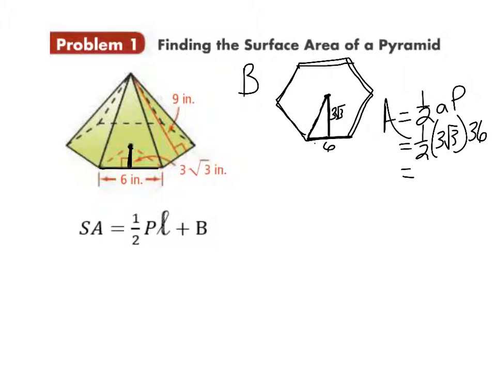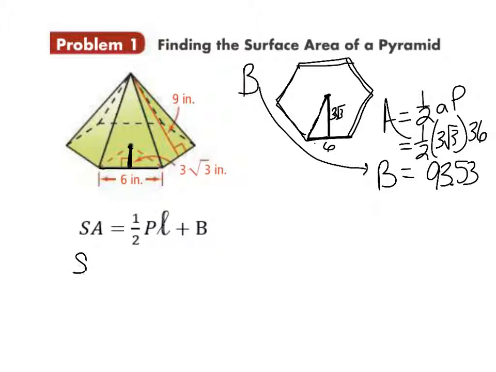It doesn't say what they want me to round to, so I'll just get a decimal on this one. So I'm going to type 0.5 times 3 times the square root of 3, close that parenthesis, times 36. I have 93.53. Now that's the area of the base, right? That's what we were working on.